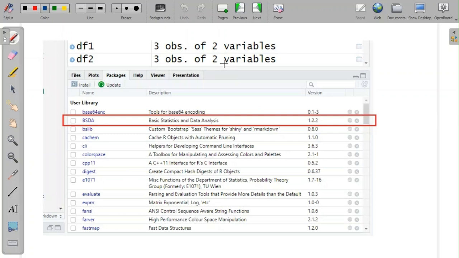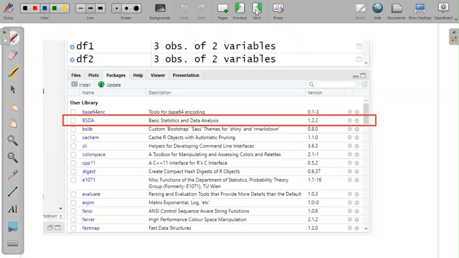It's available in RStudio by the name of BSDA. In the bottom right panel of the RStudio console, we find that there is an option to install this package. So we click this and we install. I've already installed this package for you.